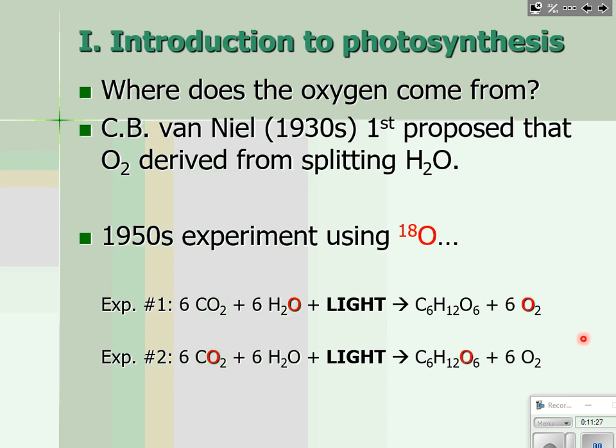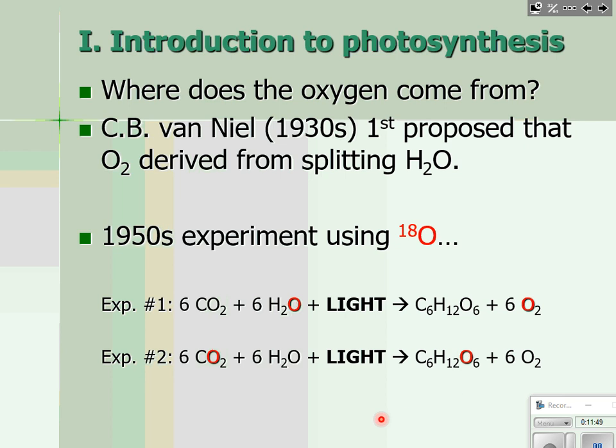So to you and me, this may not be that big of a deal, but it's just a good example of how the great mysteries of biology are often unlocked one little tiny step at a time. This was just the first inkling to how photosynthesis actually operates inside the plant.